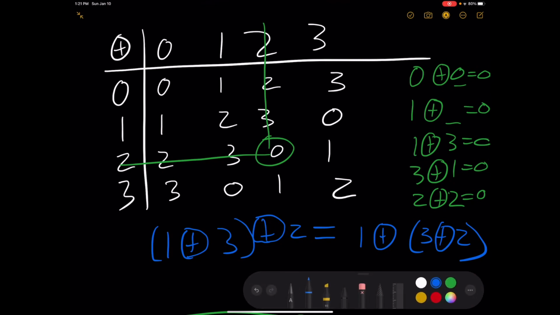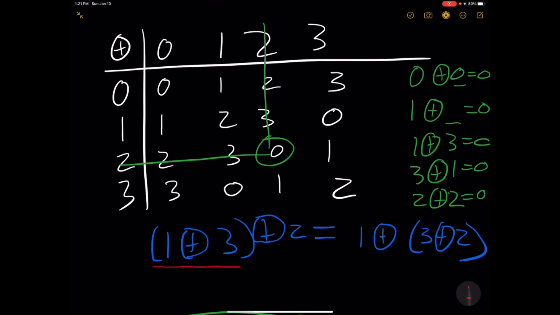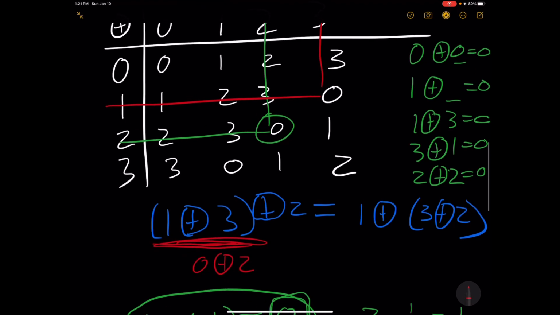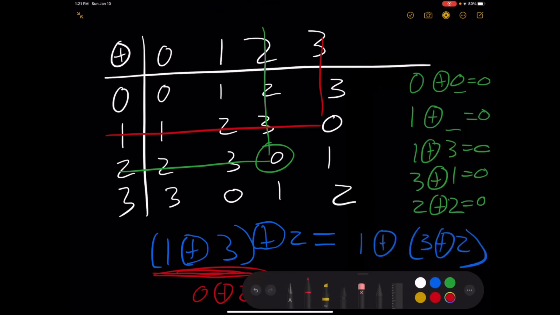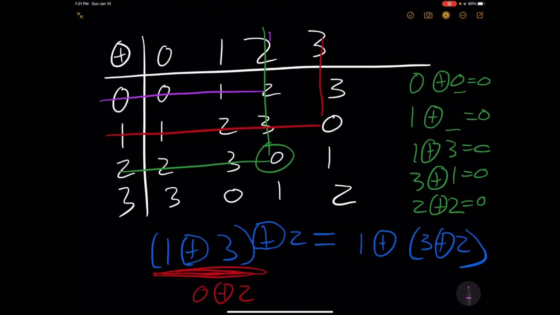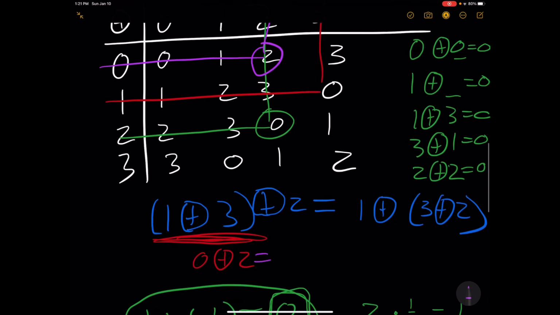So first, I'll find 1 plus sign 3 because that's what's in parentheses. Well, 1 plus sign 3 is 0. So we get 0 plus sign 2. And then 0 plus sign 2 is right here, which is 2. So we get 2 on the left.